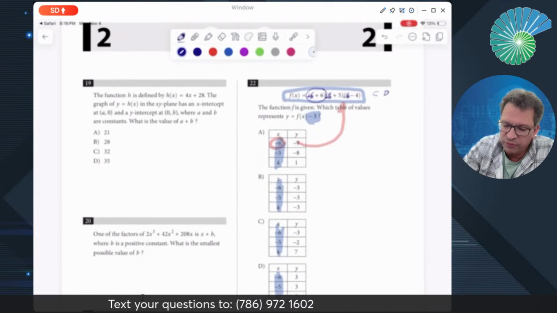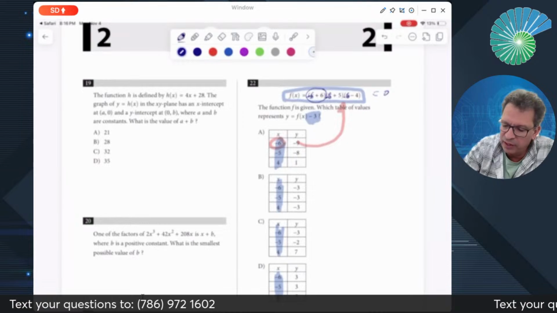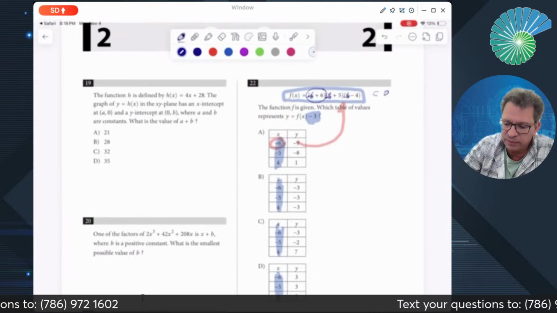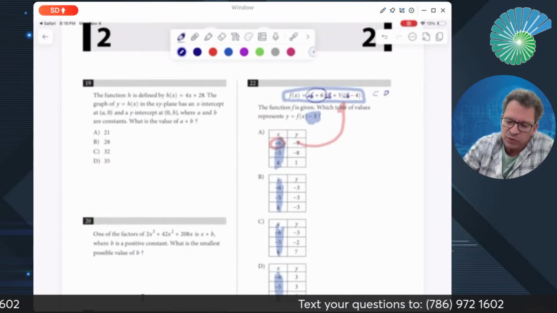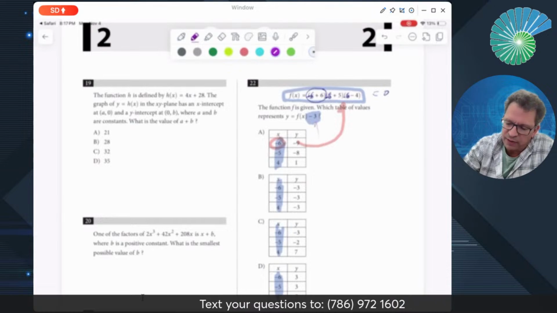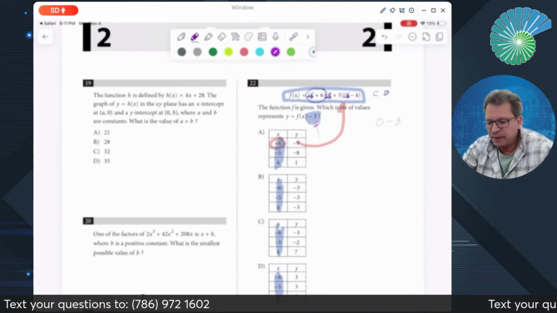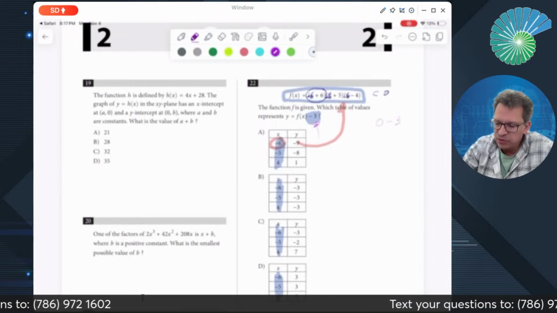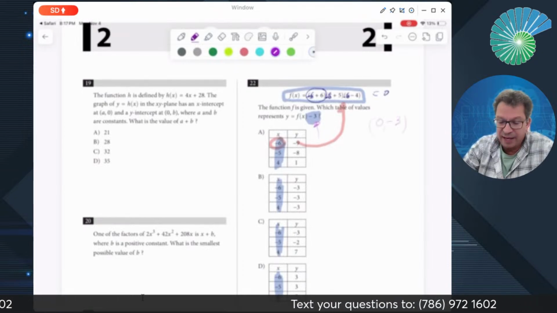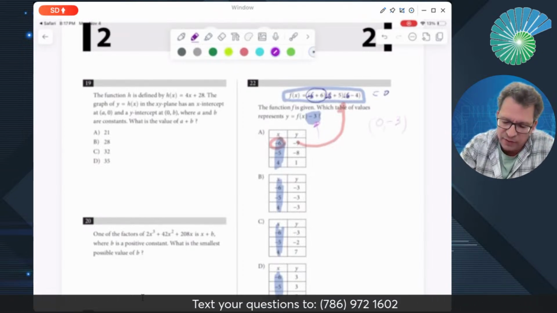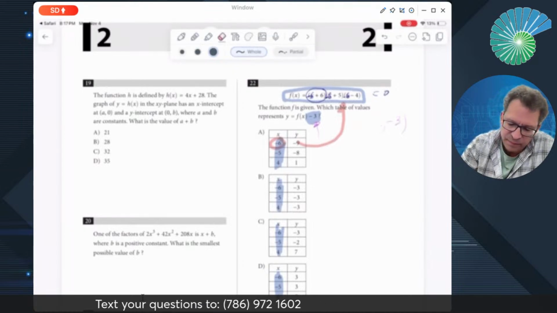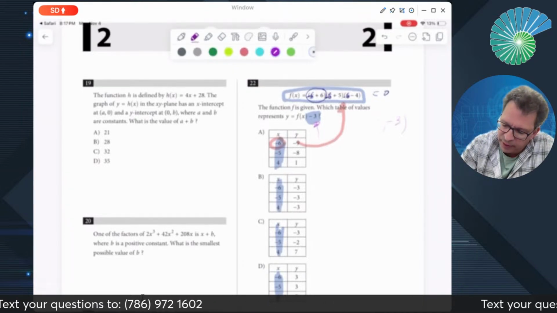So the value of the function when I plug in -6 is 0. But then they go on to say that you will subtract 3. So 0 minus 3 is -3. So (-6, -3) has to be an ordered pair.